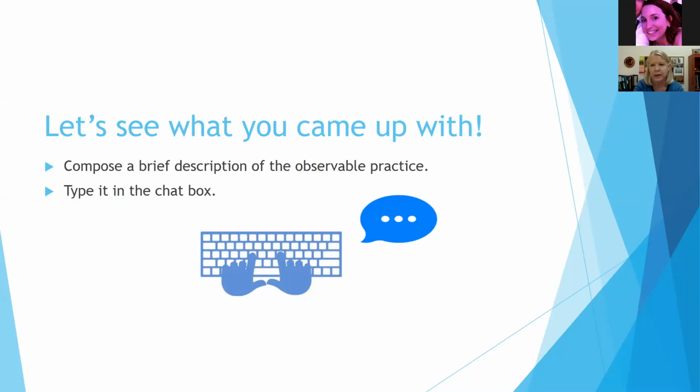Does anyone else like to share an example of something that was observable? Something observable is something that you can see in a moment. Okay, so Kimberly, Kim Sansone, says we practice handshakes. So she pre-planned to do this, probably because it's a cultural issue, I'm guessing.